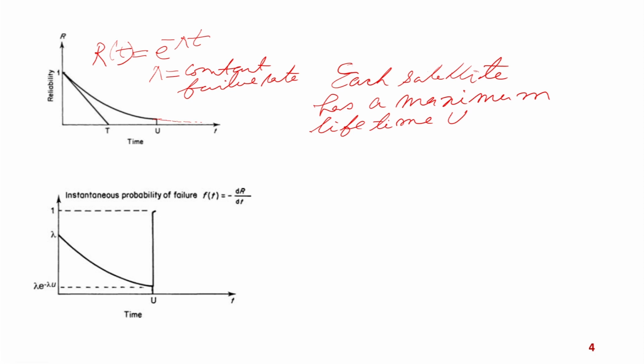What does it mean? After the maximum lifetime u, the reliability will be 0. It is shown here, you can see this curve at time u, it becomes 0 after that.